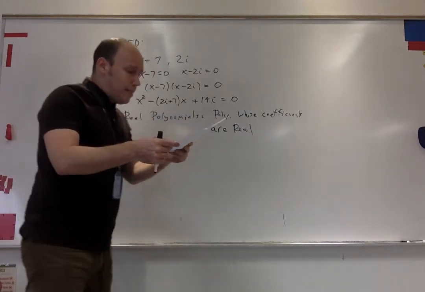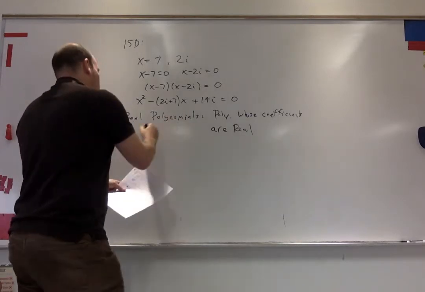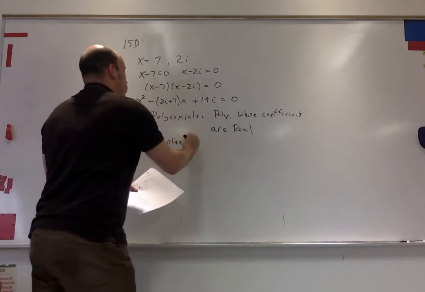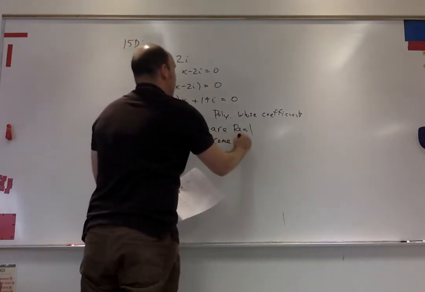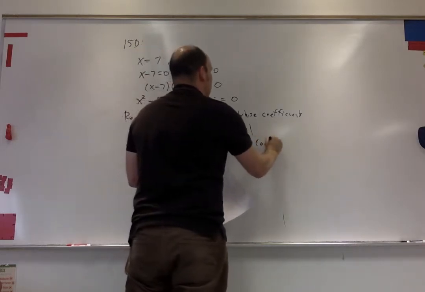So the idea is, here, complex roots come in pairs, conjugate pairs.